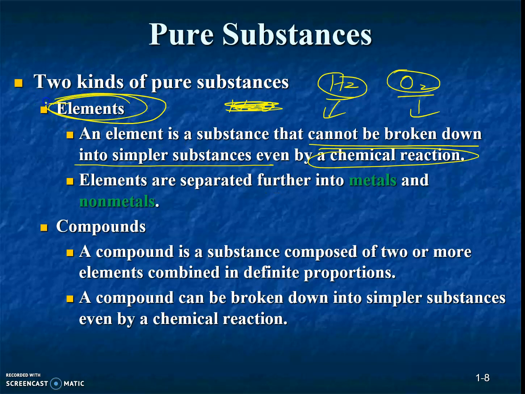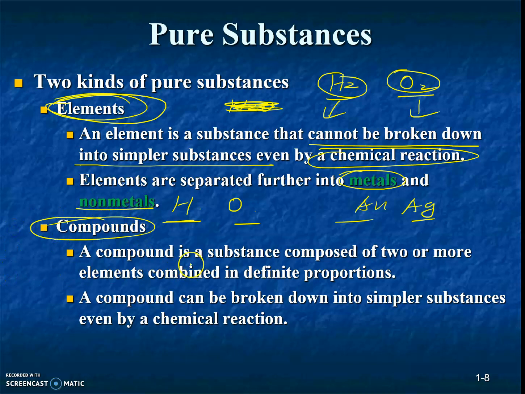And in the element group, you can be metal like gold, silver, and it can be non-metal like hydrogen, oxygen. Those are examples of non-metal elements.